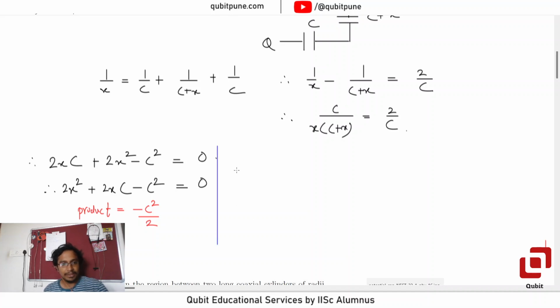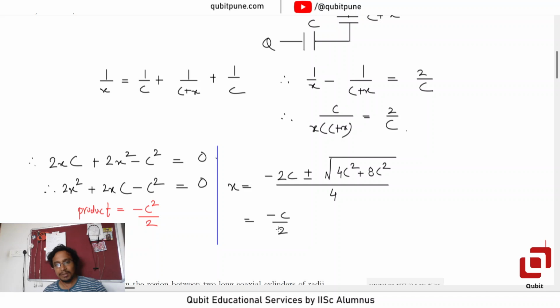So now we can apply the formula: minus b plus or minus root of b squared minus 4ac, so plus 8C squared, upon 2a. So 4 is there, so negative C by 2 will come, plus or minus. This is 12C squared, and the root of 12C squared will be 2 root 3 C by 4.